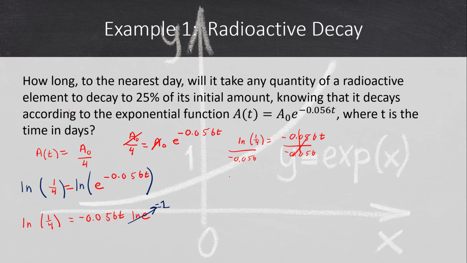These will cancel, and then I will have that t is equal to the natural log of 1/4 divided by negative 0.056. This will be a positive number because the argument of the natural log is less than 1, so this will be negative, and we'll have the division of two negative numbers, which will give us a positive number. And if we actually computed this, we would have that t is equal to 24.7, and that is going to round up to 25 days.